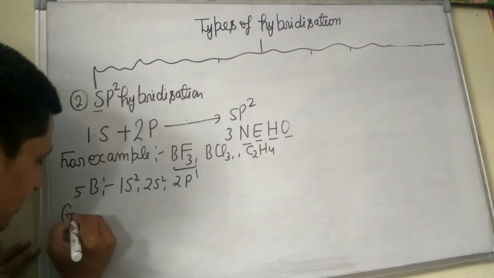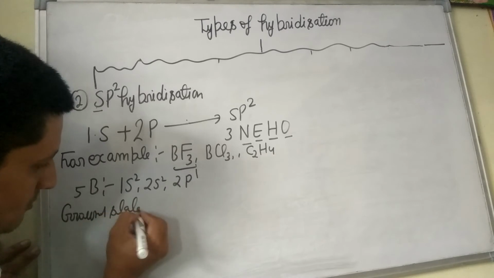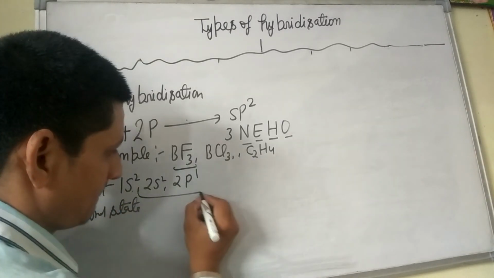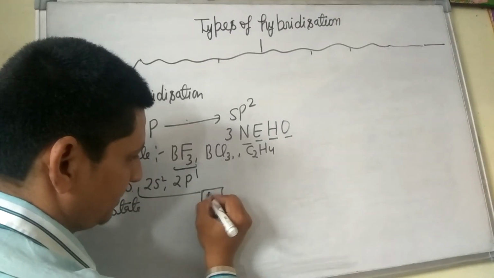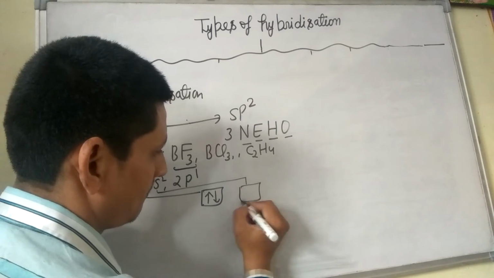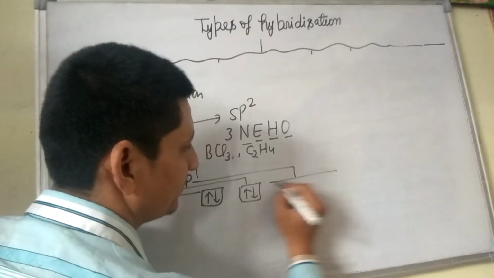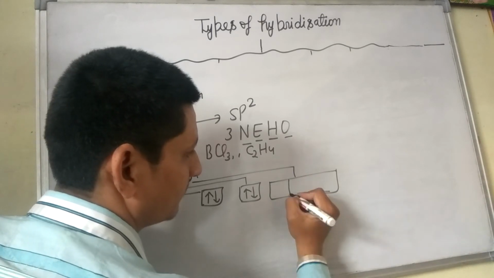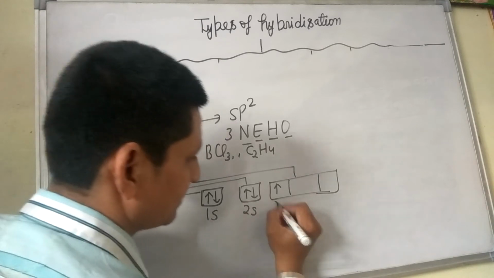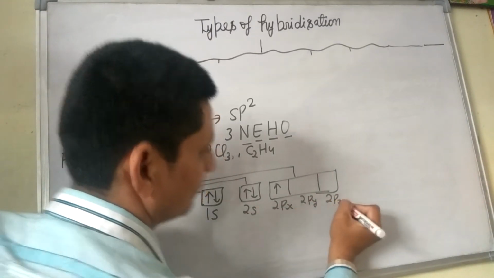Now in the ground state, we can show 1s with 2 electrons, 2s with 2 electrons, and 2p. 2p contains 3 orbitals. This is 1s, this is 2s, this is 2px, 2py and 2pz.